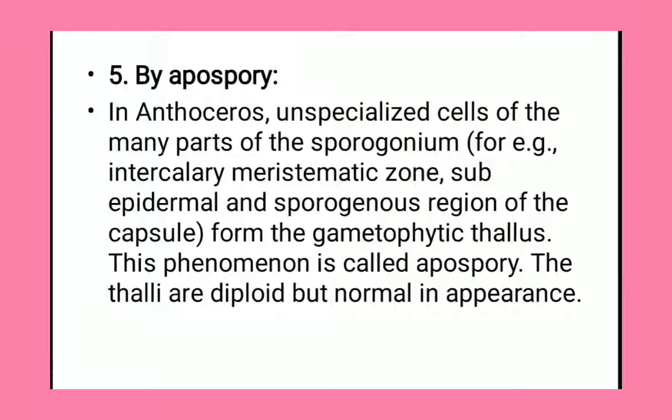Some parts, like meristematic cells or epidermal cells, are converted into the sporogonium, meaning they are converted into sporangium, and they develop further into a new plant body and also liberate spores. This phenomenon is known as apospory. Some part of the plant body, the vegetative part, is converted into the sporangium, so this phenomenon is known as apospory, and these thalli are diploid but normal in appearance.